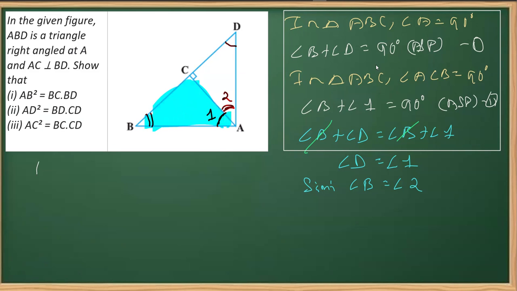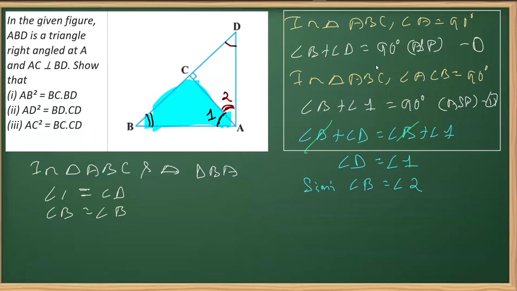So we'll write in triangle ABC, and the other triangle is DBA. Now what you can see here is that in these two triangles, we have already proved angle 1 of triangle ABC is equal to angle D. Further, we can see that angle B is common here. So angle B is equal to angle B.